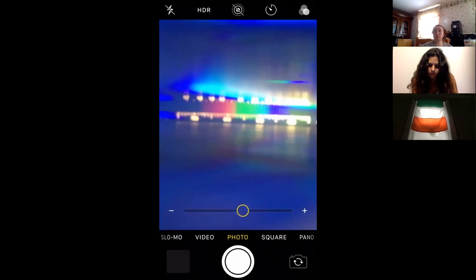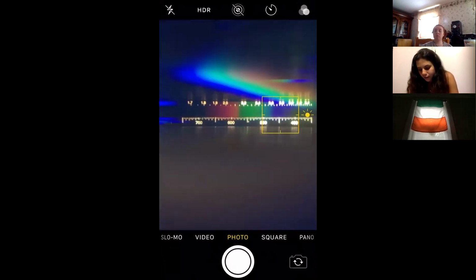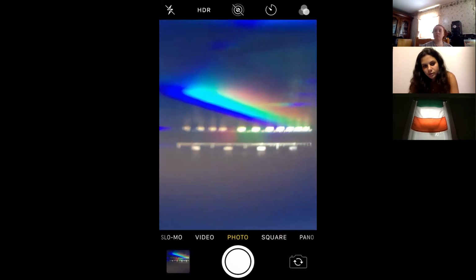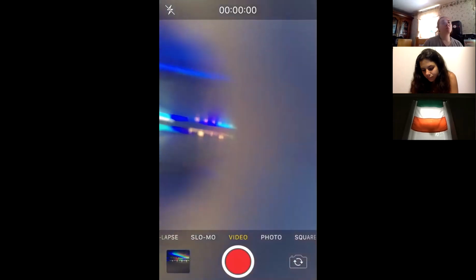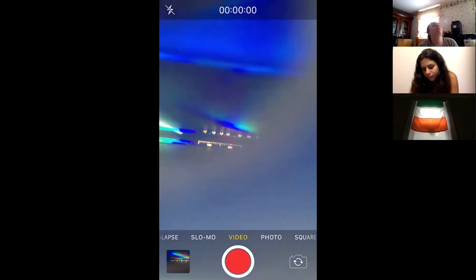Hold on. I think there's a bit of light that's leaking in the front.